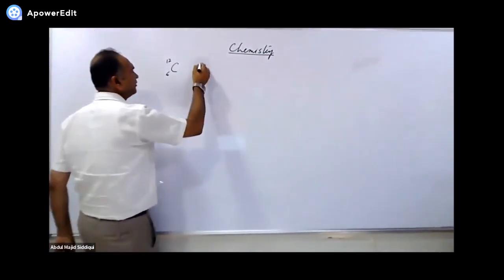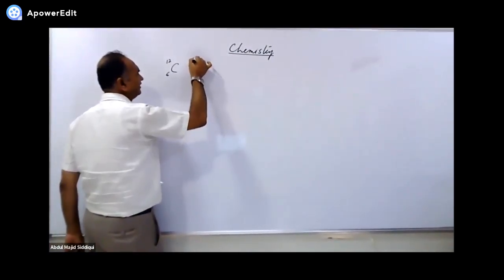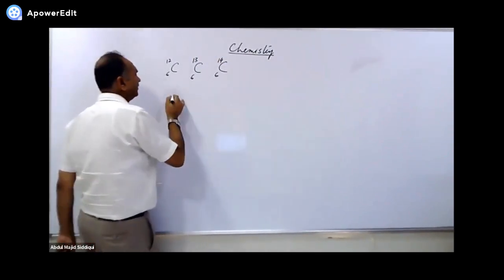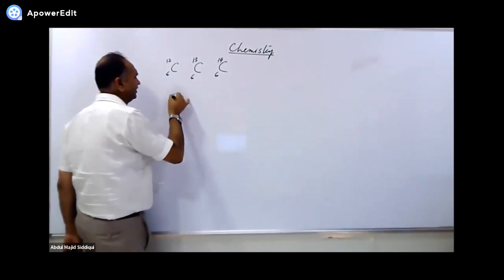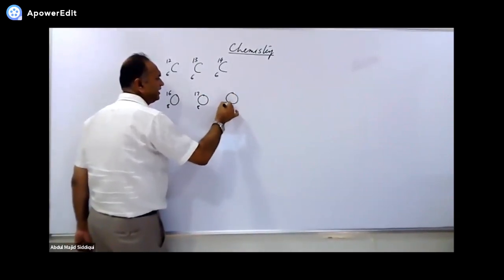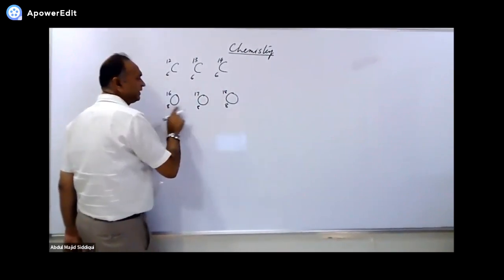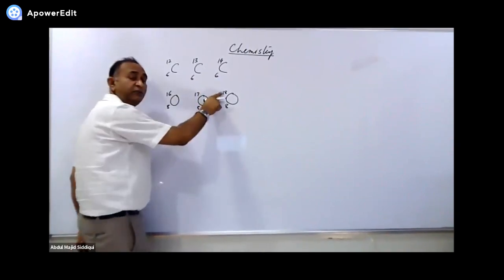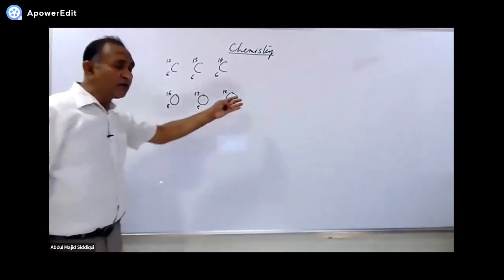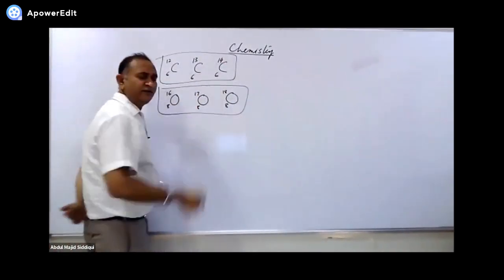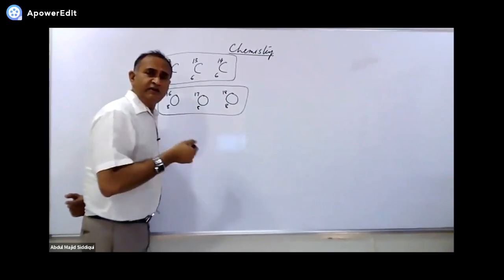We may have carbon in which the mass is 13, we may have carbon in which the mass is 14 or 15. Similarly, we have oxygen; we may have oxygen 8-16, we may have oxygen 8-17. What are these? These are the atomic numbers, if you remember, the number of protons, and the bigger ones are their masses. All of these are oxygens, all of these are carbons, but even so they are different, they are not 100% the same.